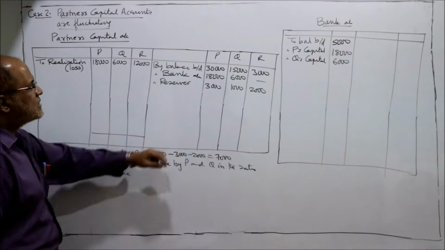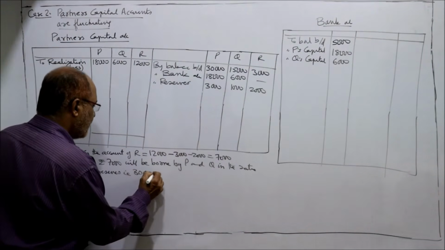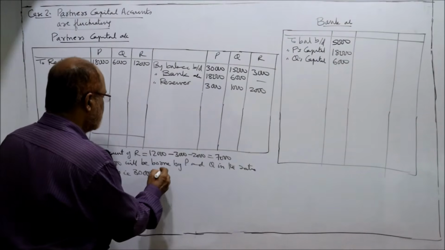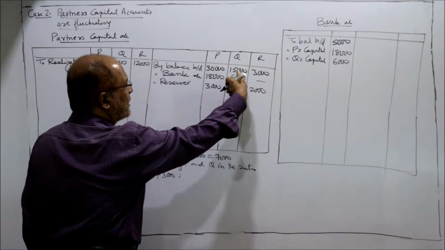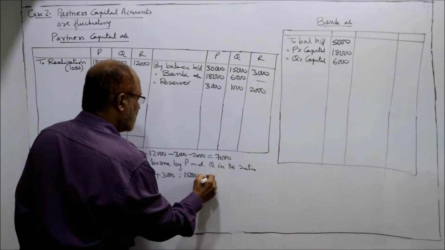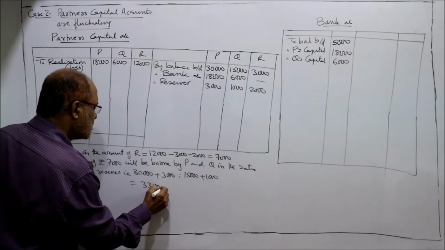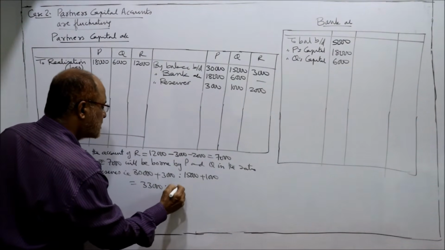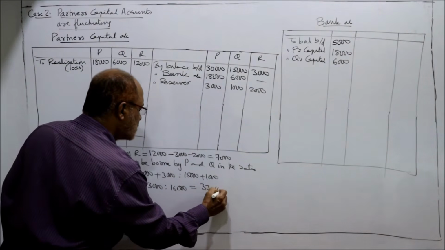That is, how much is the capital of P? 30,000 plus how much are the reserves? 3,000, is to how much capital Q? 15,000 plus reserves 1,000. That is 33,000 is to 16,000, which is 33 is to 49.